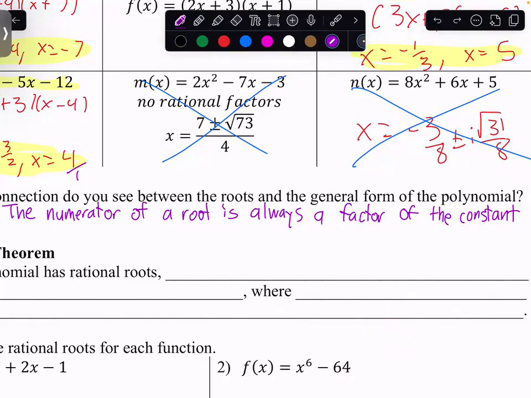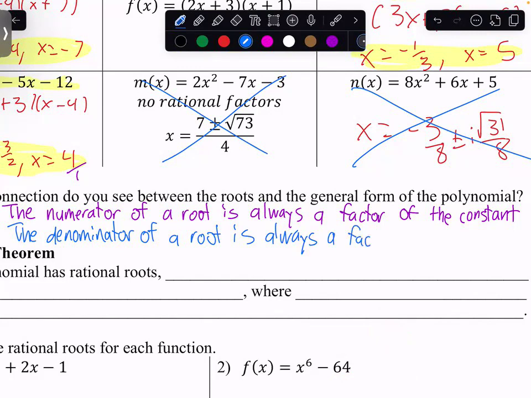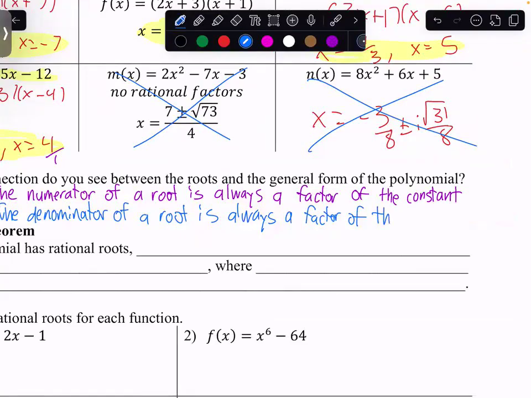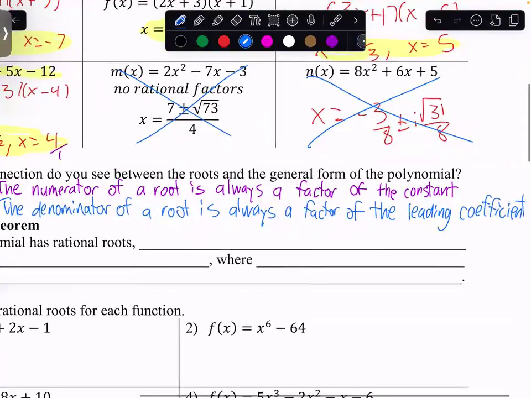Okay, and then the second pattern. The denominator of a root is always a factor of the leading coefficient. And again, the leading coefficient is the coefficient on the term with the highest degree.